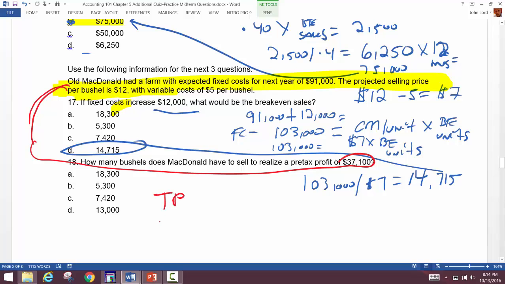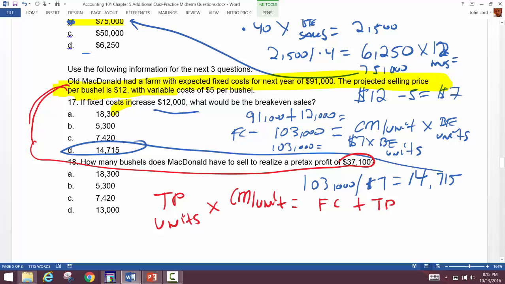Target profit units times my contribution margin per unit has to equal my fixed cost plus my target profit. Good.